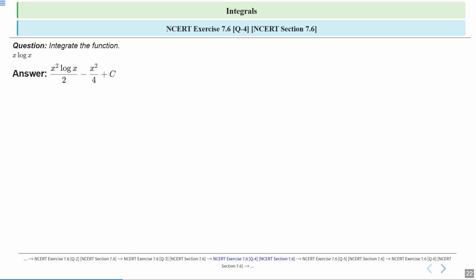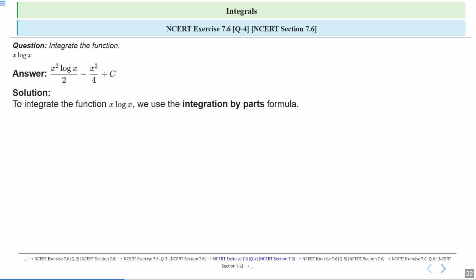So the answer is x² log x by 2 minus x² by 4 plus c. Okay, so solution part.